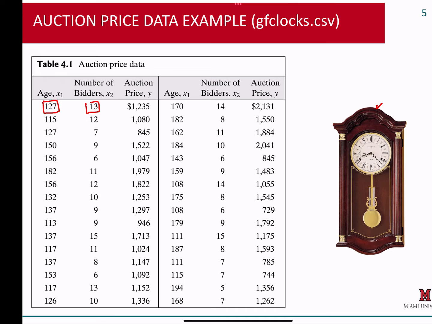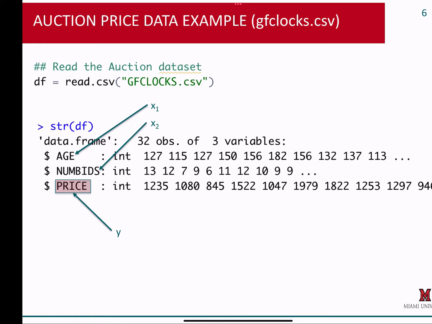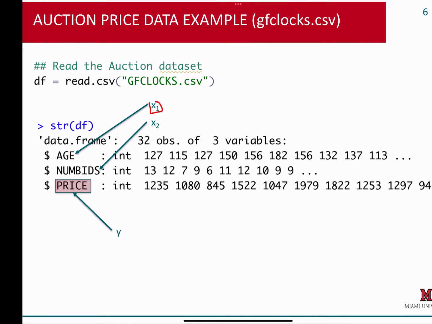So given this data, let's see what we get in a regression. Now, a multiple linear regression because we have more than one predictor. Let's represent age with x1 and number of bidders with x2 and price with the y variable.